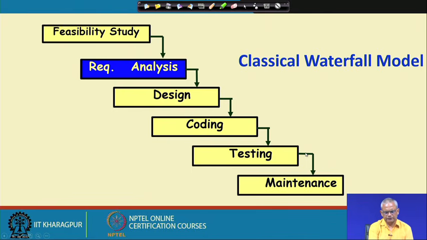The water is falling from one level to the next level, and that is the reason why the name comes the waterfall model. The first stage is the feasibility study, and the second stage is the requirements analysis and specification.